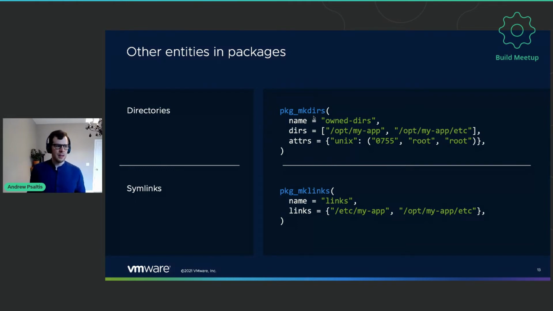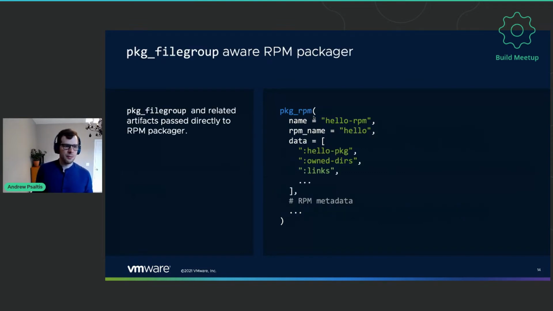So to cap all of this off, we've also created a pkg_filegroup-aware RPM builder. This rule will consume the values in data, the related things produced by the related packaging rules, and then build out an RPM spec file.